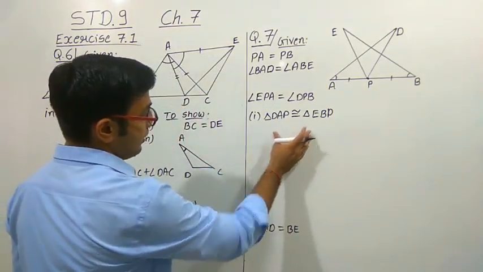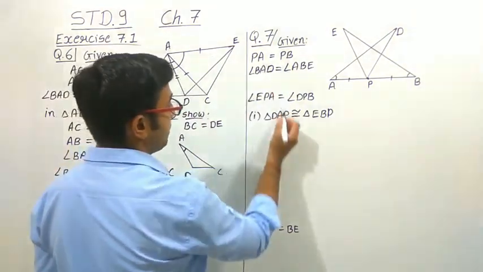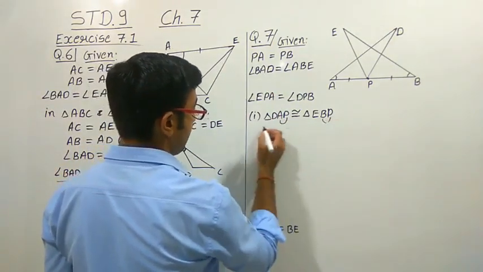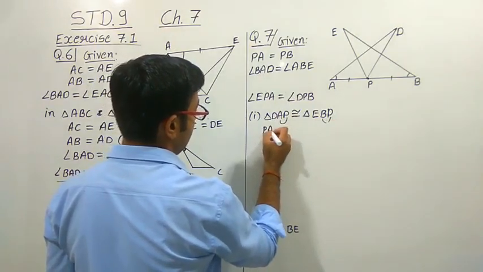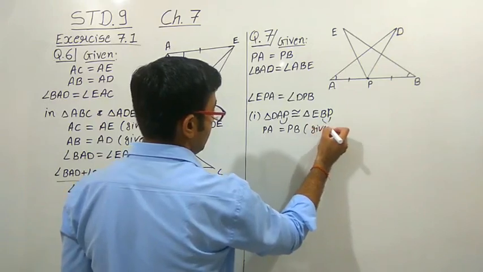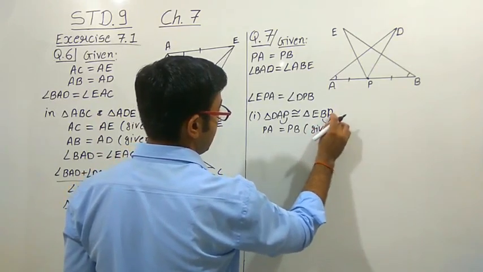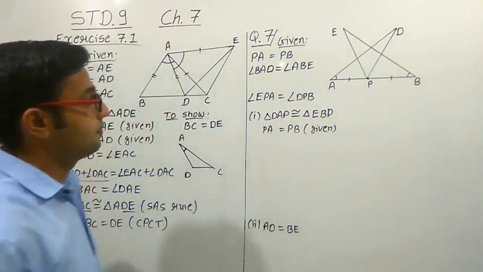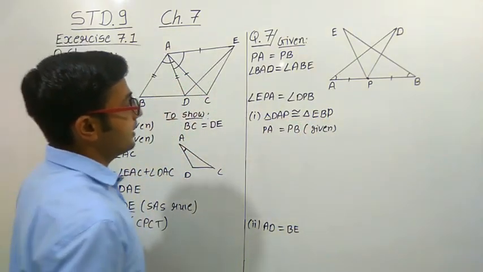Now in these two triangles, one condition we already have: PA side is equal to PB side. So write it down as PA is equal to PB. This condition we already have in the given section. Now think about the second condition, that angle BAD.